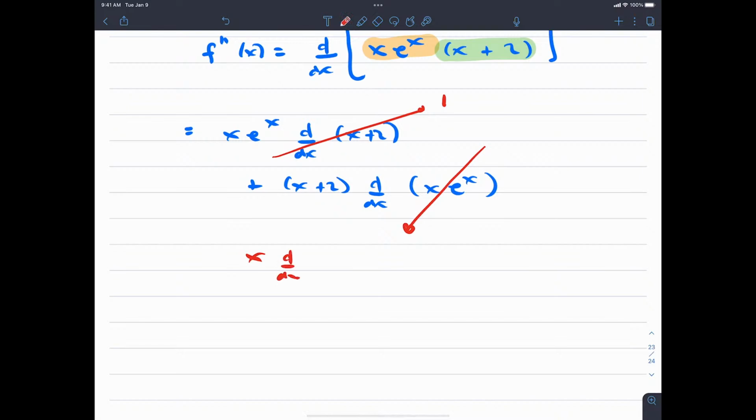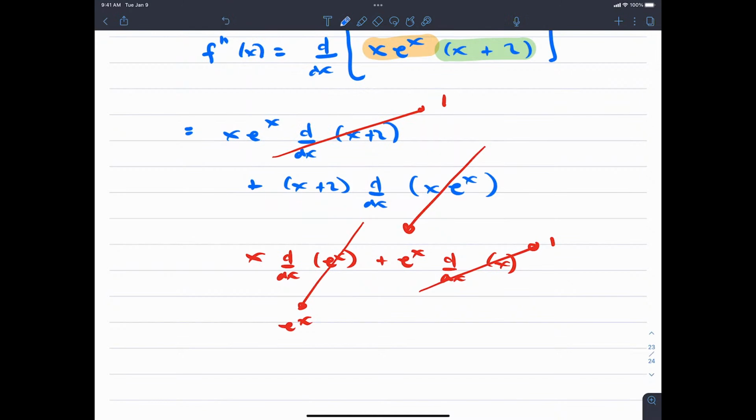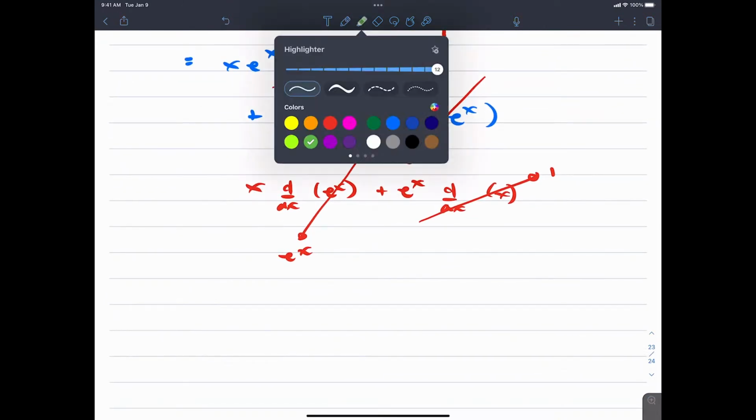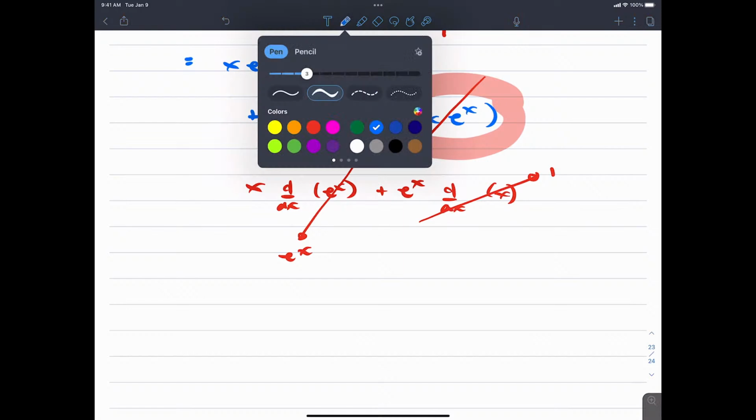X. We know this derivative is what? E to the x, and this one is 1. So that portion here, let's try to put it all together. We're talking about what here? This. Is that right? So what is that?